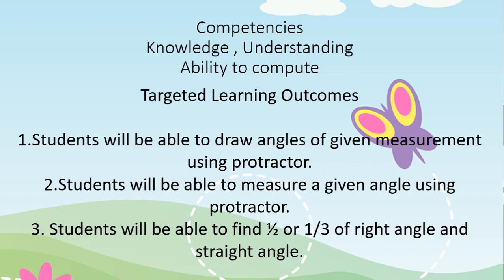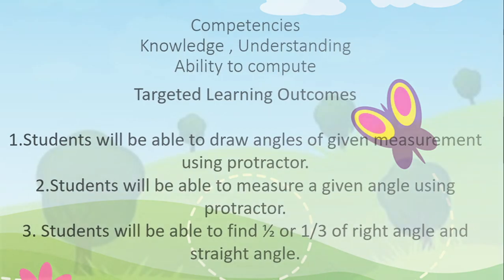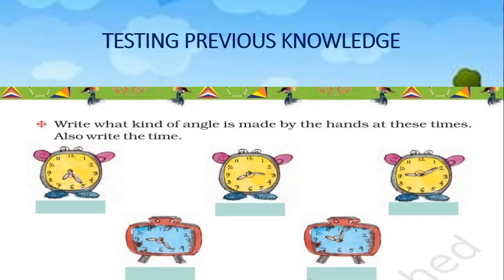Children, let's first revise what we have learnt in part 1. Write what kind of angle is made by hands of the clock. Also write the time.